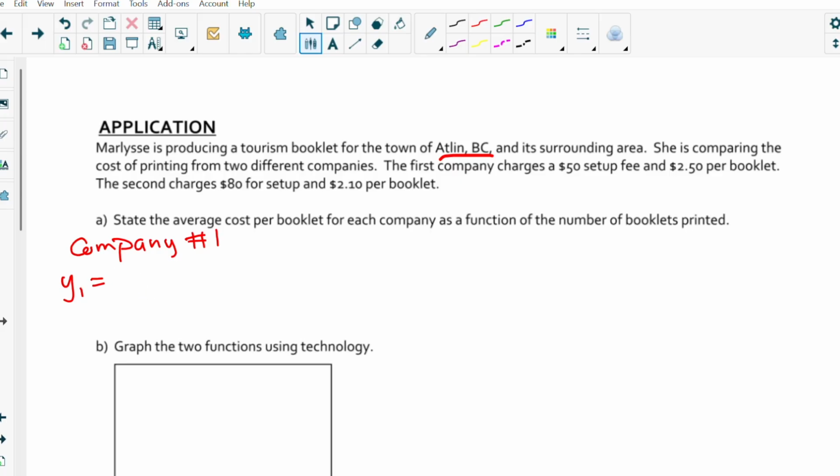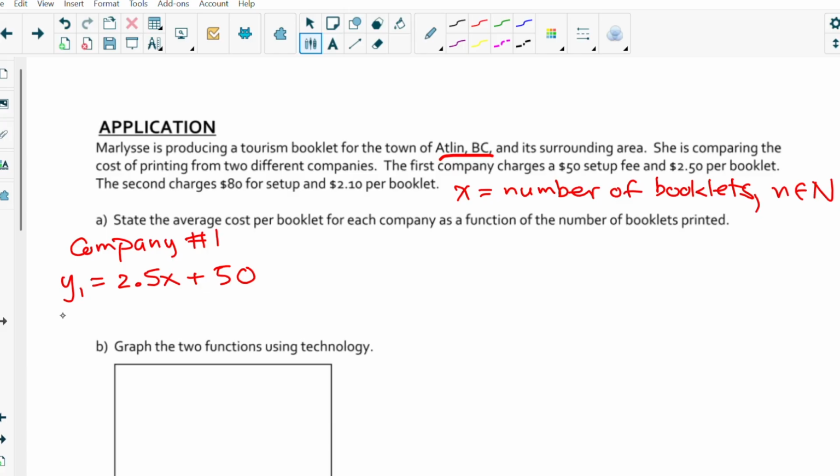Y1 equals $2.50 per booklet, so X is number of booklets plus a $50 setup fee. So I'll just say X for each. X is number of booklets, where n is an element of natural numbers.